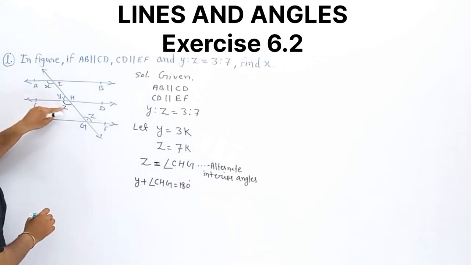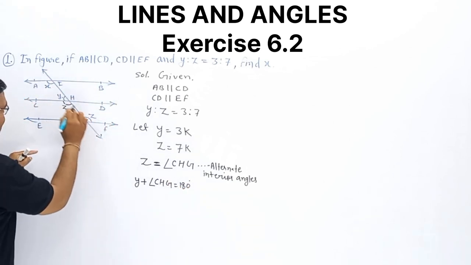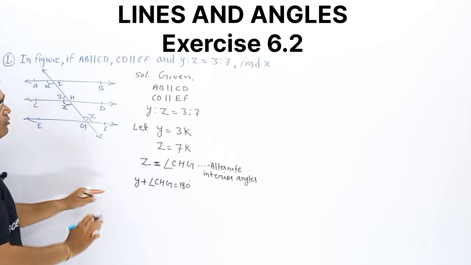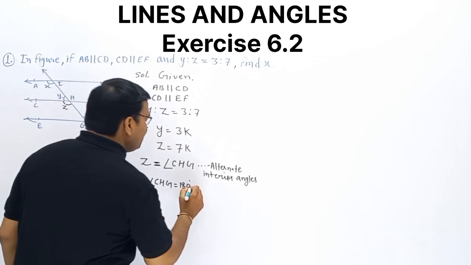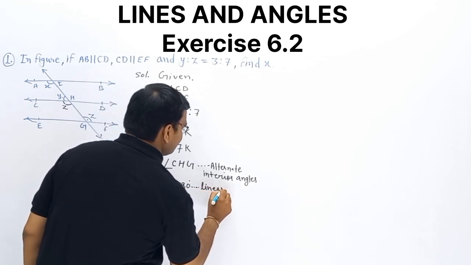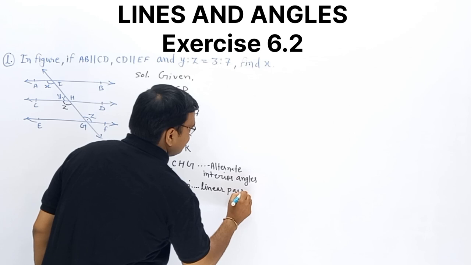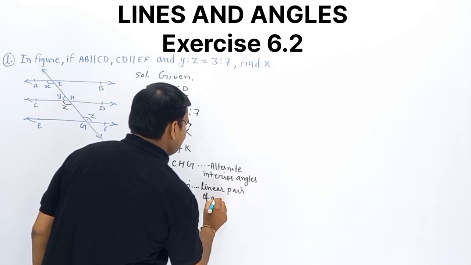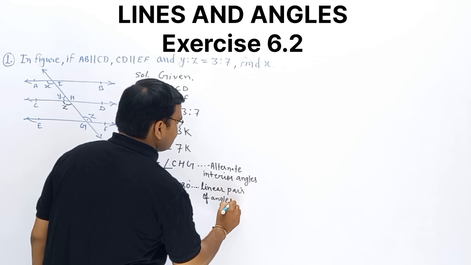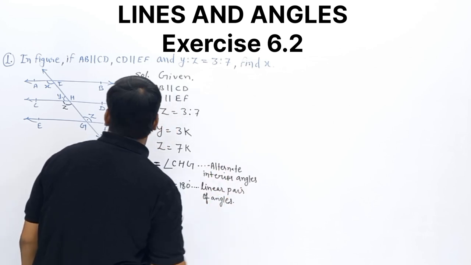This angle plus this one, both are adjacent angles. This angle is adjacent to CHG and the sum of both will be what? 180. Why? Linear pair axiom, linear pair of angles. We know linear pair of angles. Clear? We studied these things already.